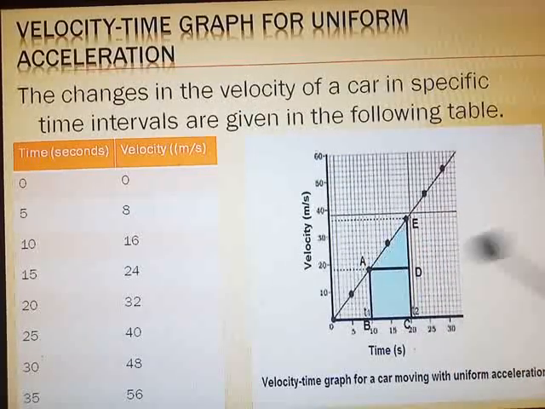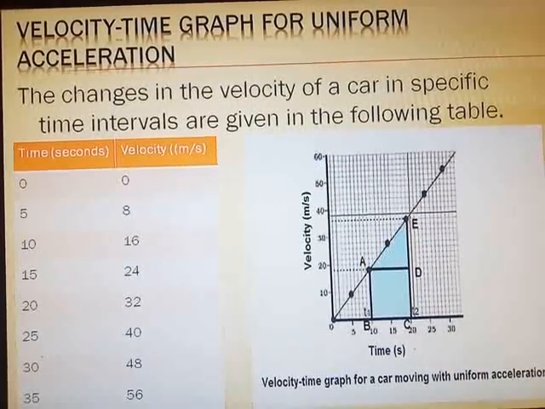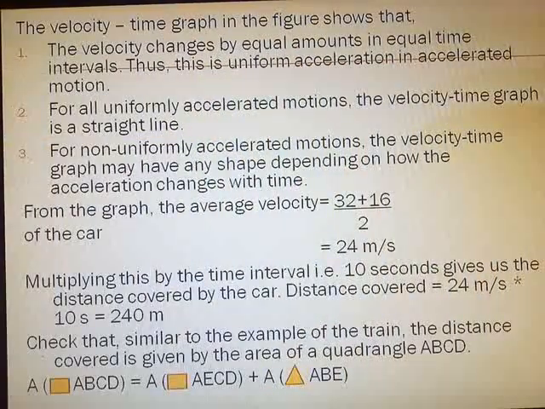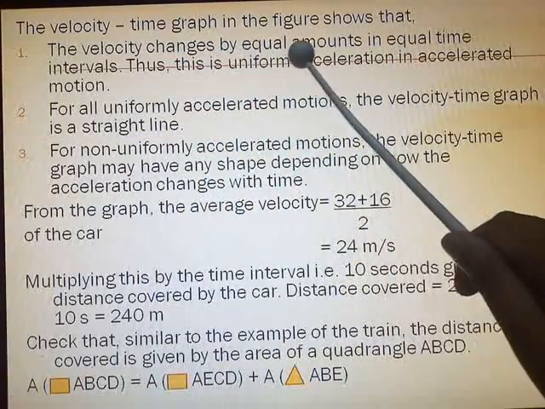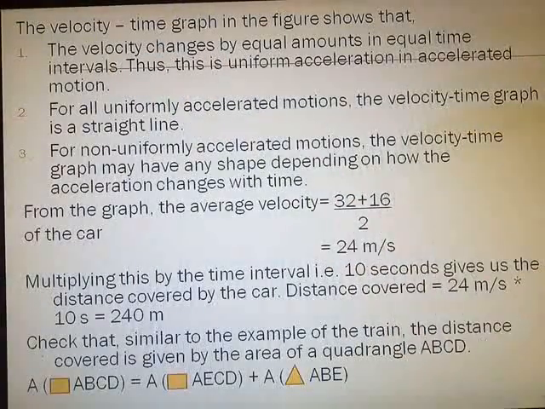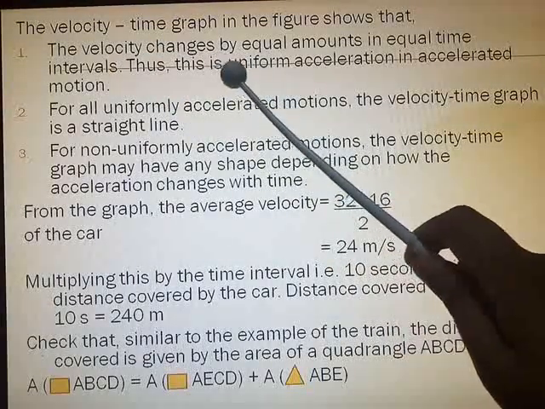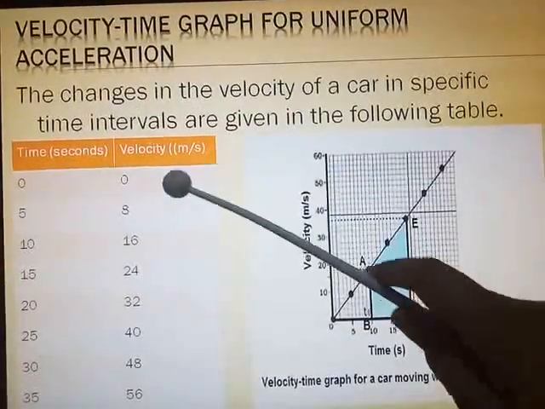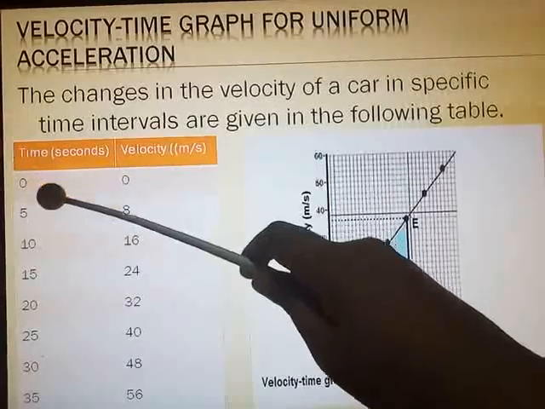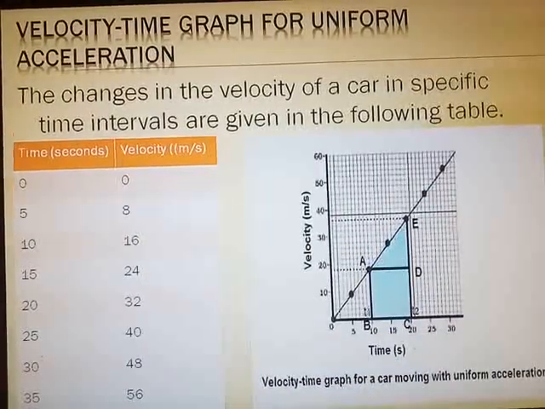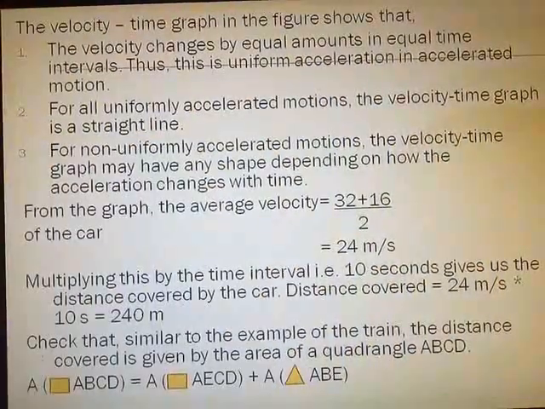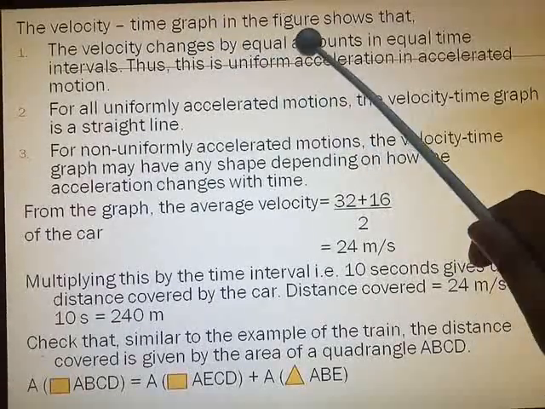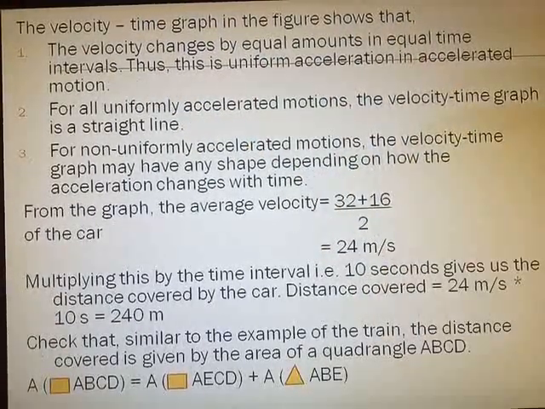Now looking at this graph, what can we derive from it? The first derivation is that the velocity changes by equal amounts in equal time intervals.